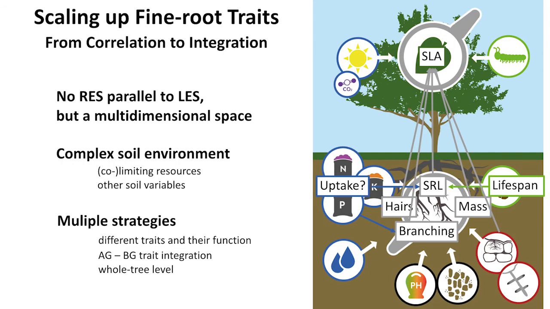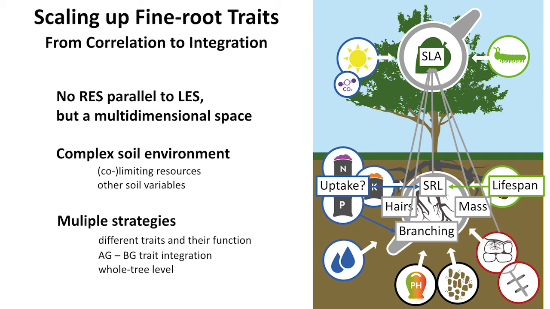But I hope to have demonstrated, at least for fine root mass, how these different strategies might still lead to increased resource uptake and might all be relevant strategies in order to match the above and the below ground demand for resources.